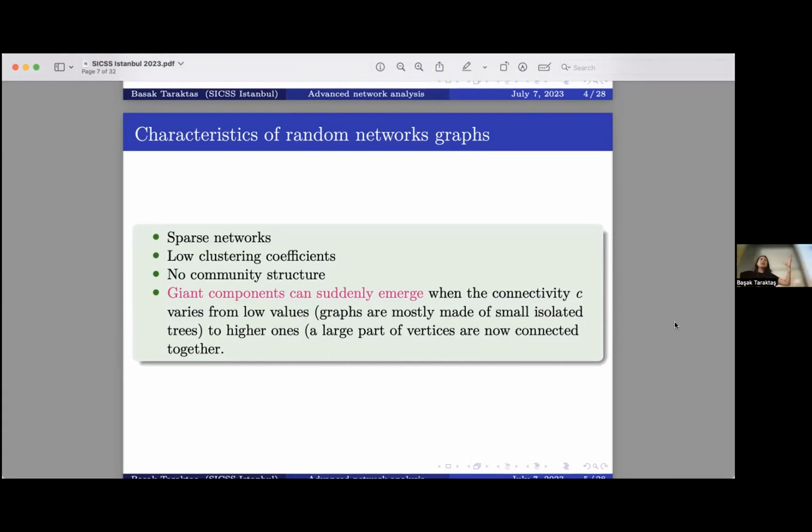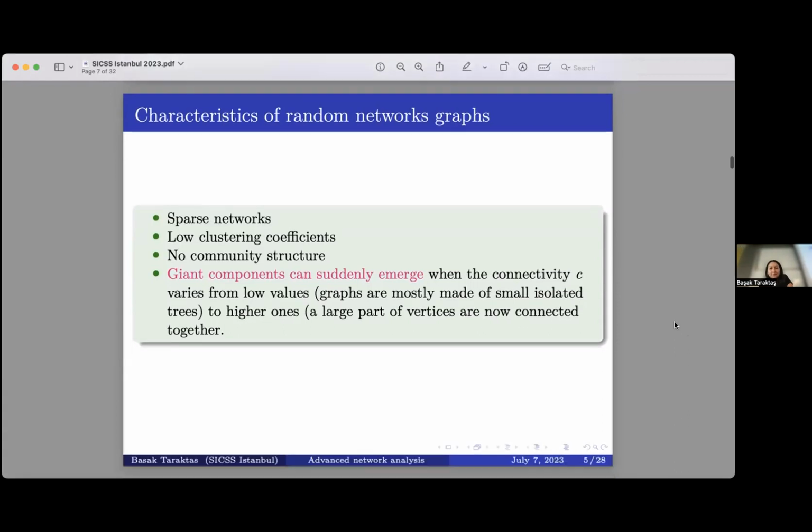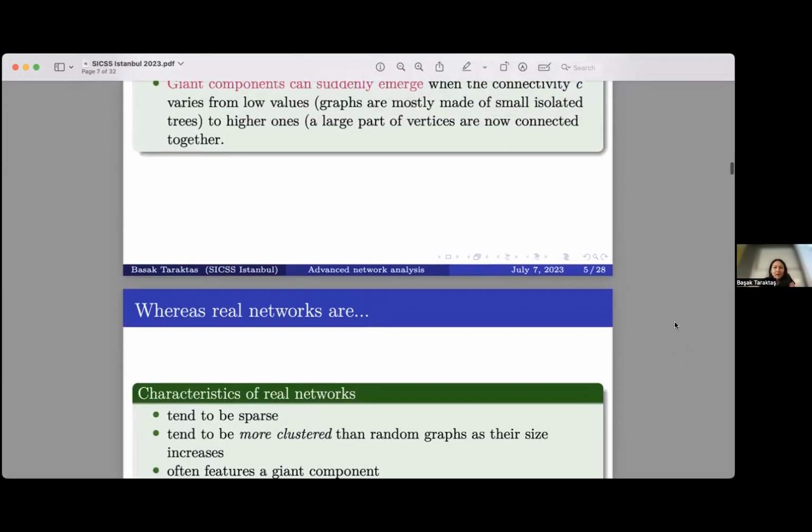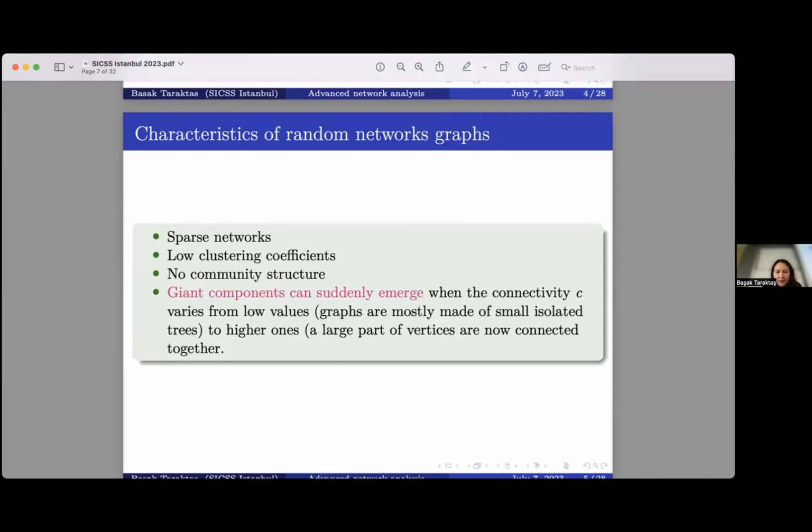I heard that you are familiar with the term components, so a giant block of edges that are interconnected, right? And it suddenly shifts from low connectivity to high connectivity, okay? I'm actually gonna show you a simulation about this. This makes more sense.